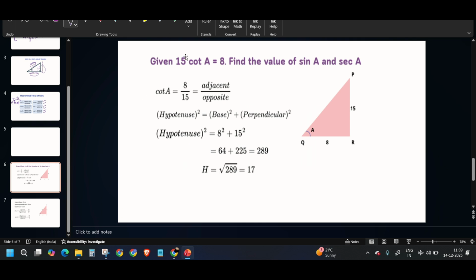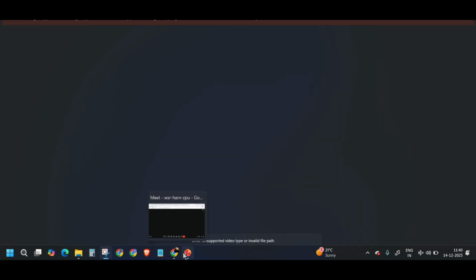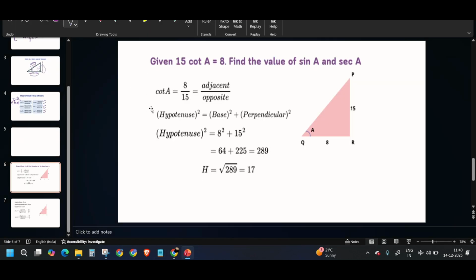Given 15 cot A is equal to 8, find the value of sin A and sec A. So how are we going to calculate? Here cot A is equal to 8 by 15, that is adjacent by opposite side. What is adjacent?